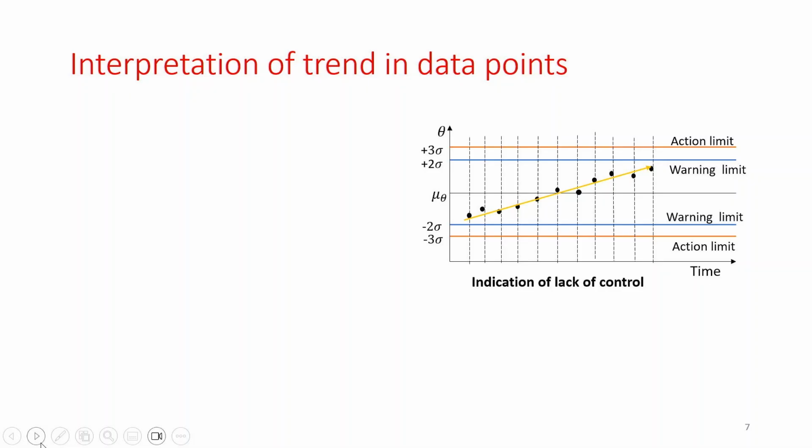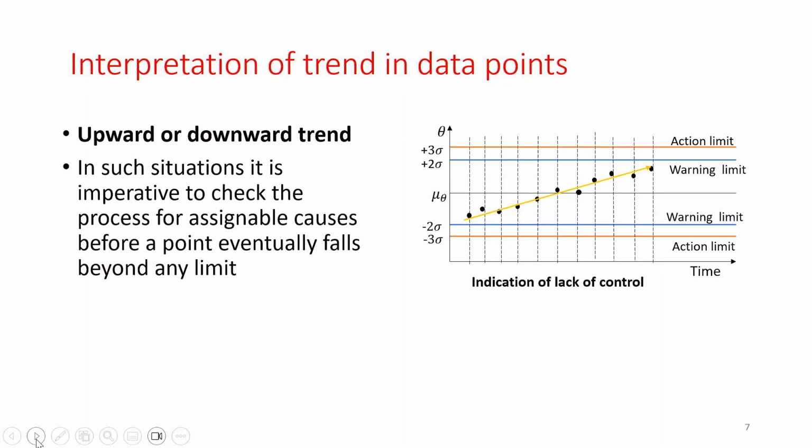You see the points are still within warning limit, but the points are going from the left hand side, where the lower values are located, towards the higher values. And if I join them by a straight line, I can see that there is an increasing trend, upward or downward, both are possible.